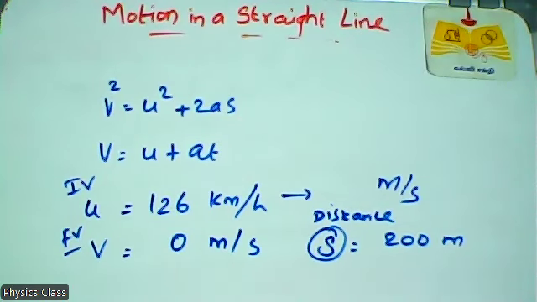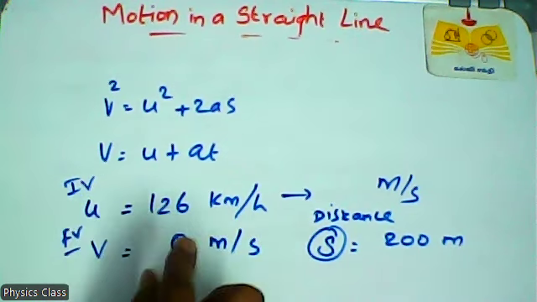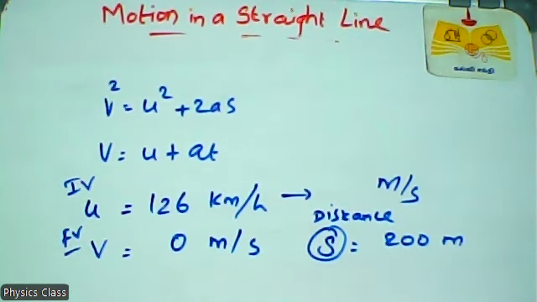Now you are familiar with the equations and data. First step, we have to convert 126 kilometer per hour into meter per second.